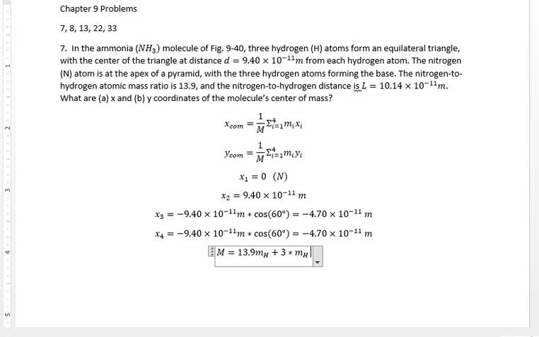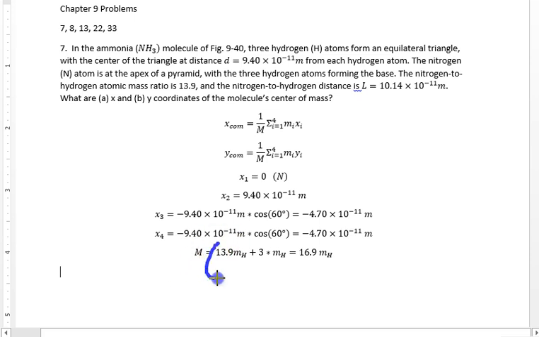So our total mass is going to be 16.9 hydrogen masses, because the nitrogen mass is 13.9 times the hydrogen mass, plus 3 hydrogens.